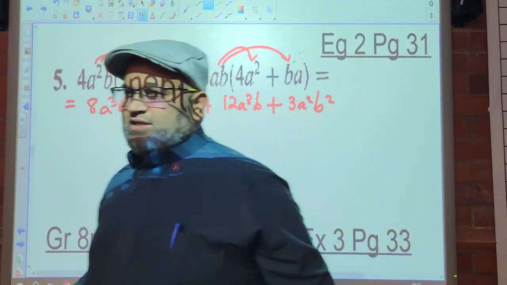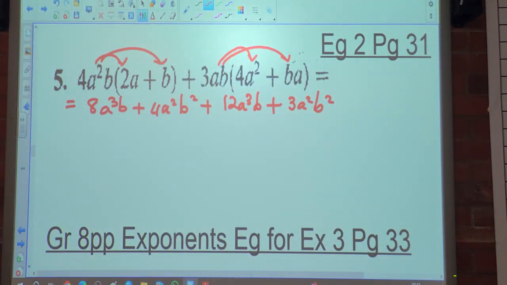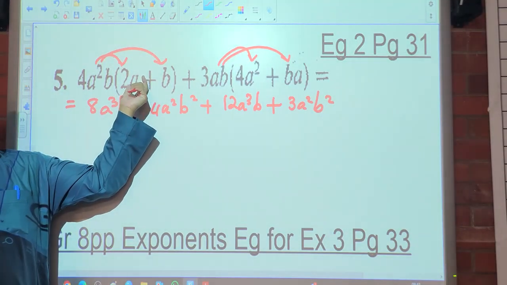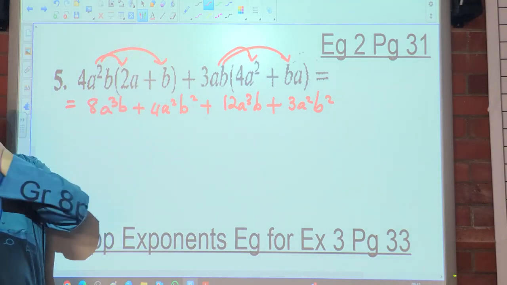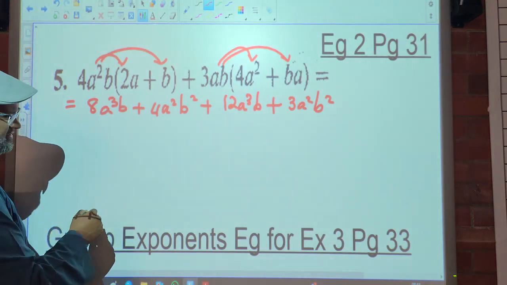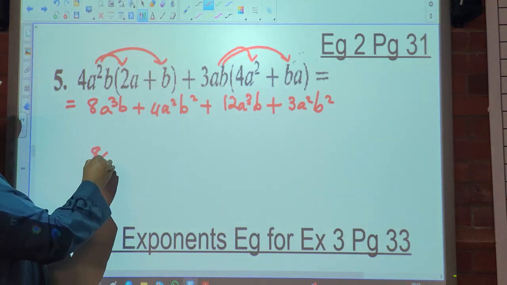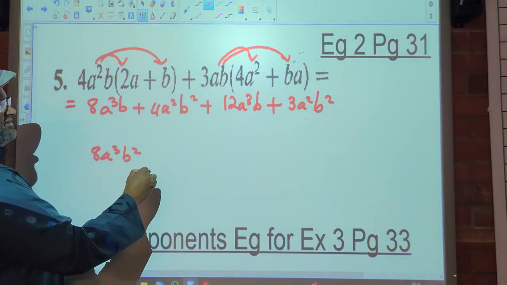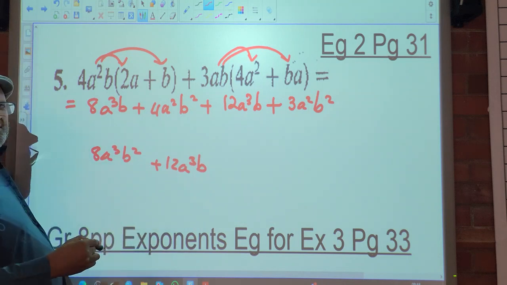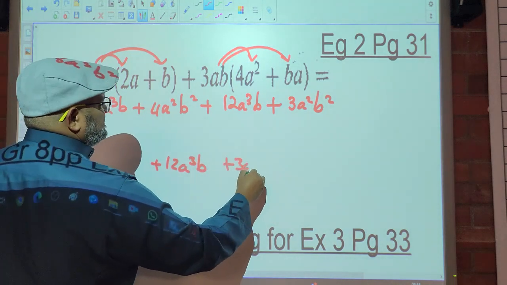Yes. Who got that wrong? You got it wrong, okay? You made many mistakes by the sound of it. Did you add this together first? Well, what did you write? Just read for me. I wrote 8a cubed b squared, and then plus 12a cubed b, plus 3a squared b squared.